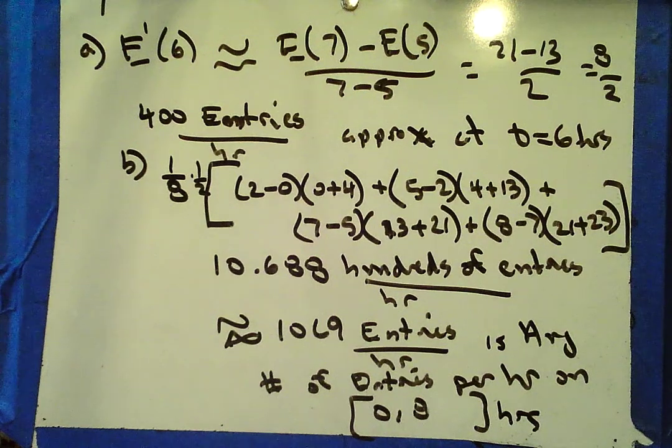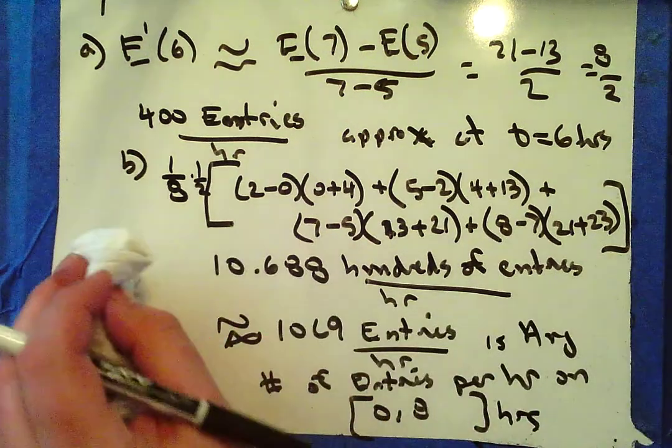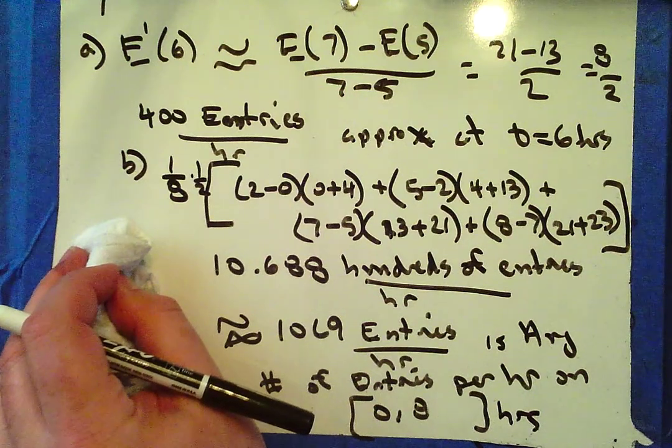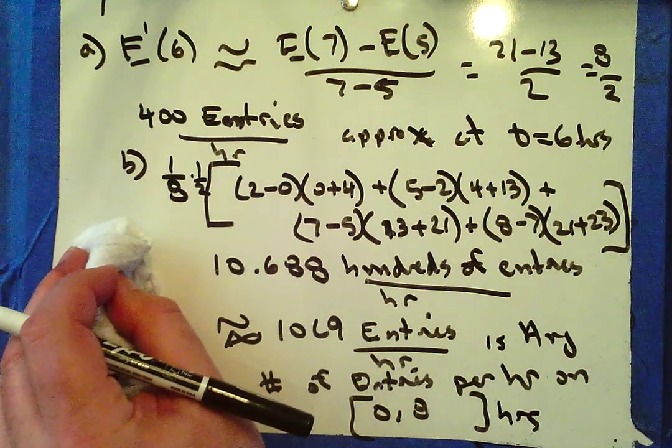From 8 p.m. to midnight, they're counting or processing these entries. How many entries had not yet been processed by midnight? Okay, so we need to find the total number of entries. How many entries are in the box at 8 p.m.?